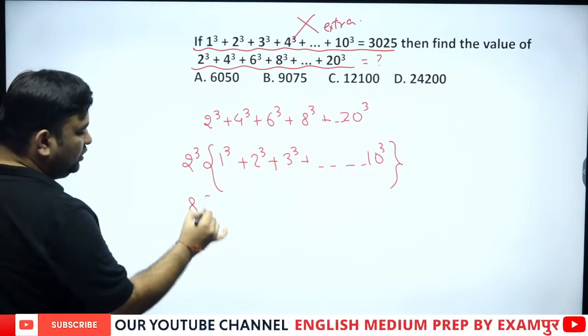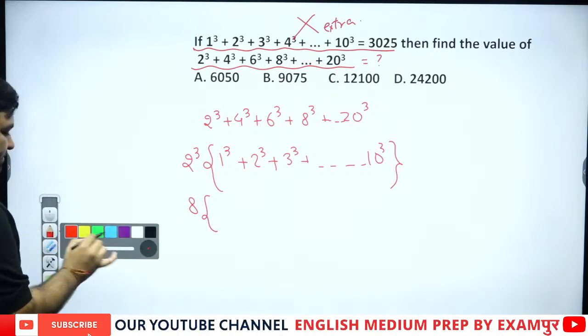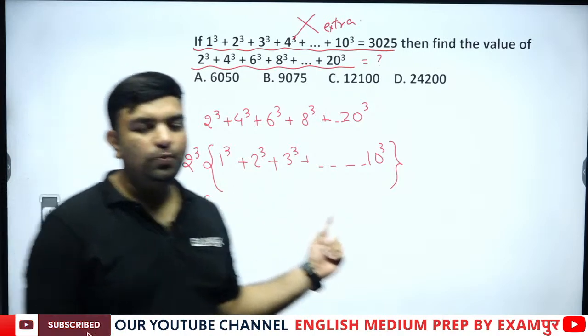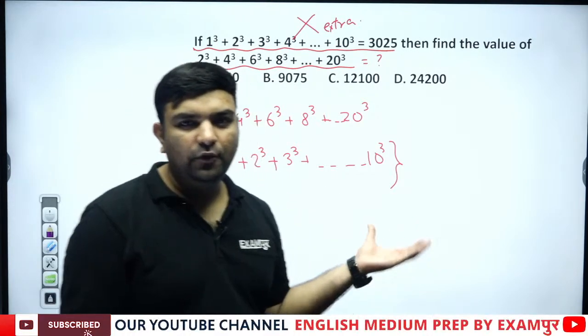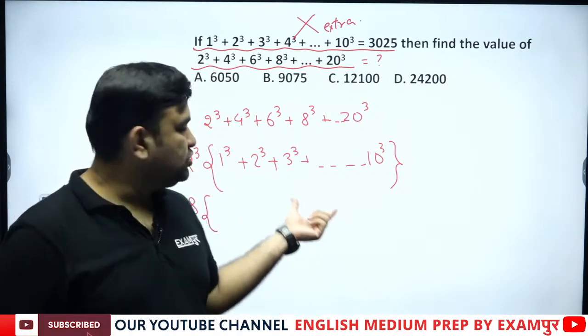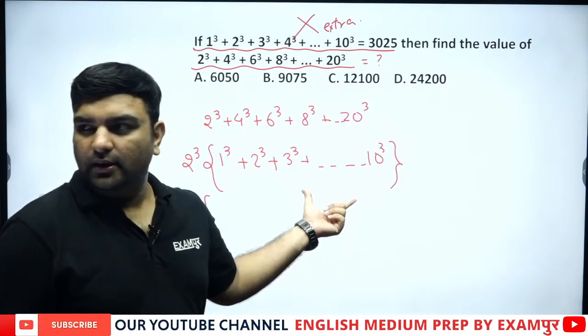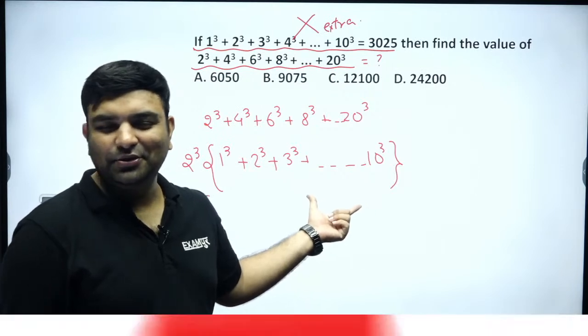This is extra information. What is a cube plus b cube plus c cube up to 10 cube? If the examiner wanted to test more skills, he should not have given this.